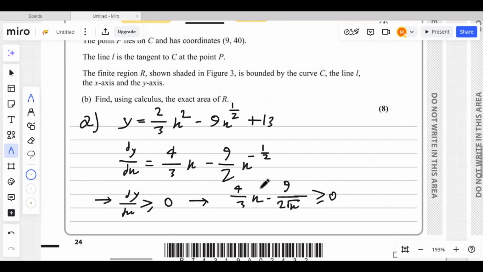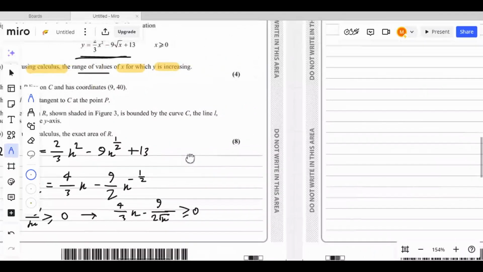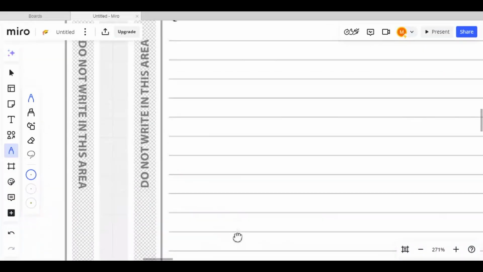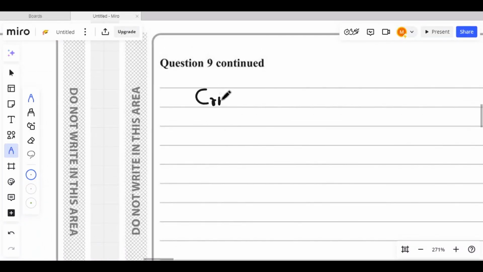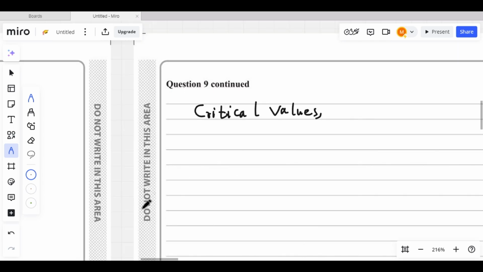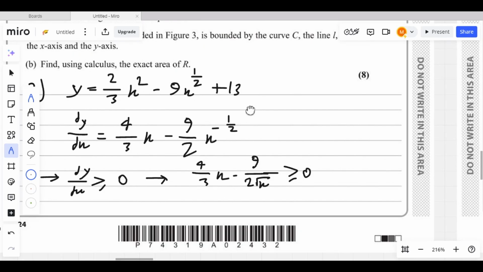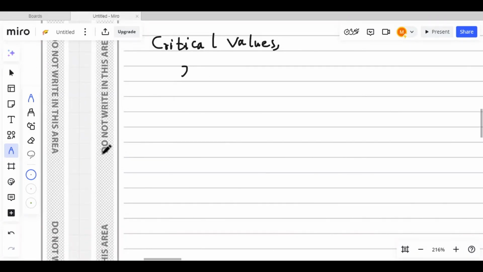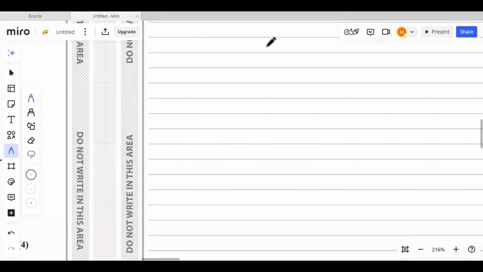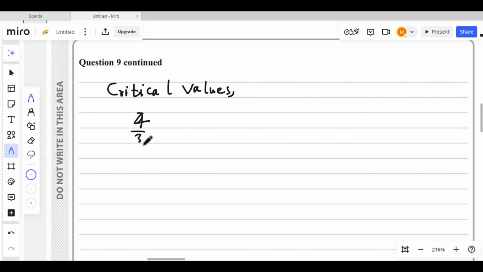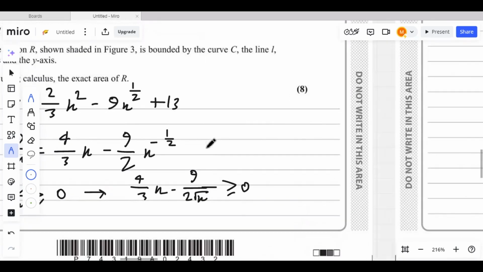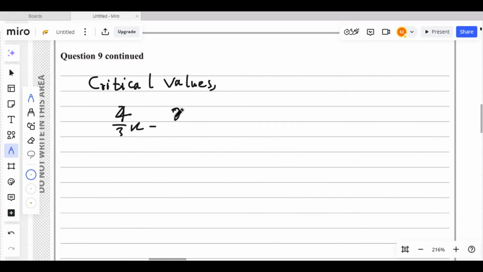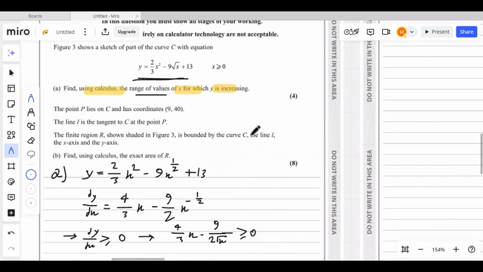Okay, so now use critical values. If you use critical values, 4 over 3 x minus 9 over 2 square root of x, I think in this case you don't need the critical values.